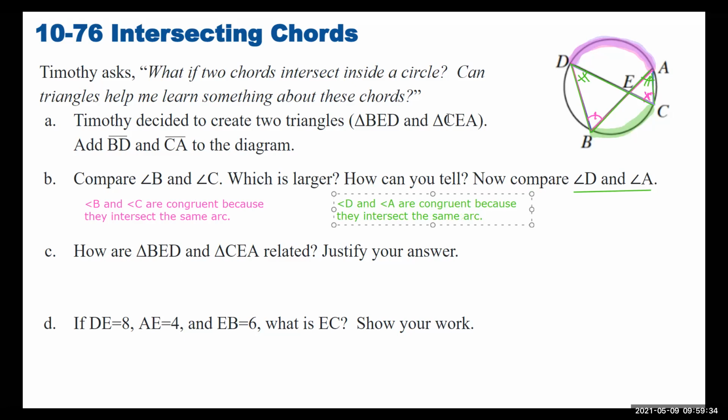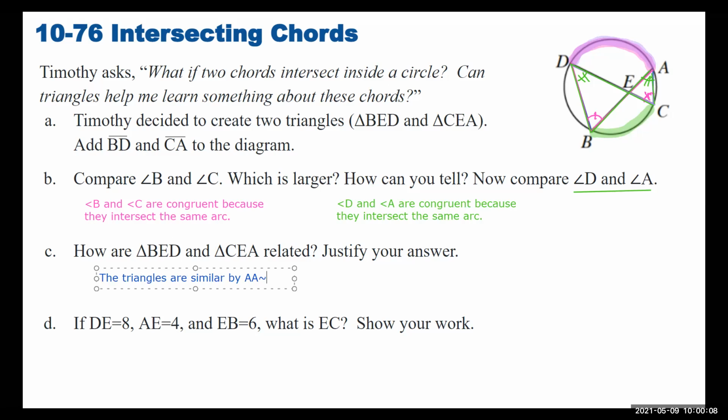Now that we have that established, part C says, how are triangle BED and triangle CEA related? Because they have these angles in common, the triangles are similar, not congruent, by angle similarity.